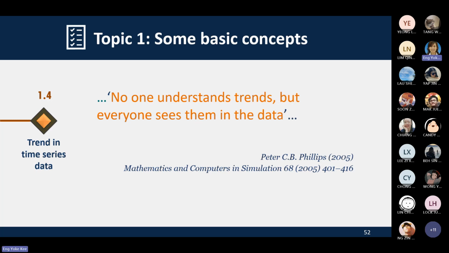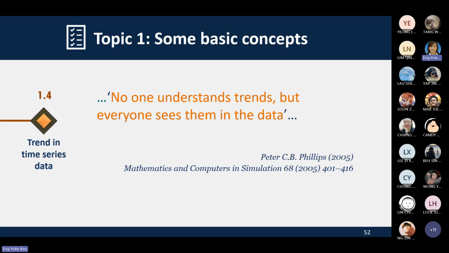Now first, I want to share with you this quote by Professor Peter Phillips. Phillips is the one that introduced a test to examine whether our data is stationary or non-stationary. Professor Phillips highlighted that no one understands trend, but everyone sees them in the data. This is referring to time series data.